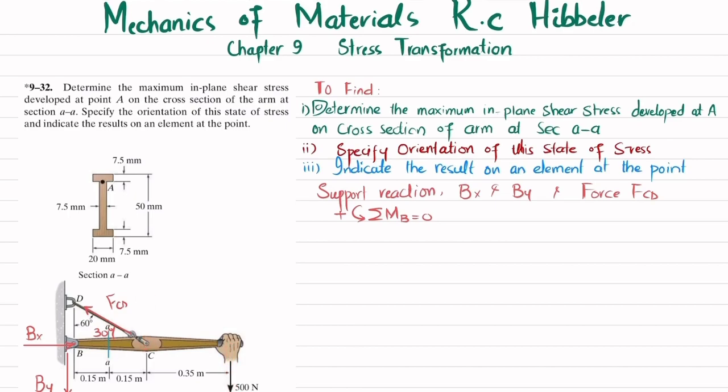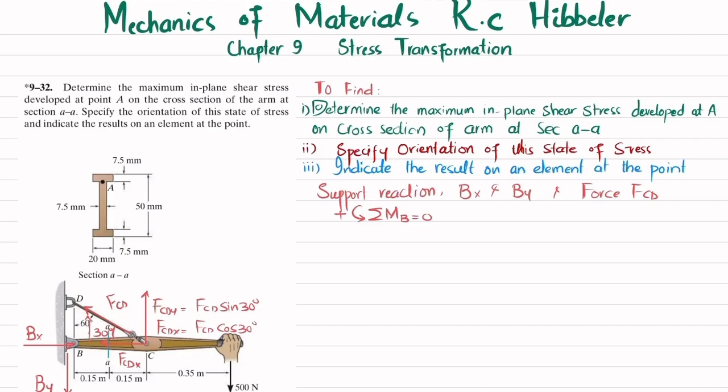So this force FCD will have two rectangular components, one in this direction, which is FCD X component, and the other is FCD Y component. FCD Y will be equal to FCD sine of 30 degrees, and FCD X will be equal to FCD cos of 30 degrees.